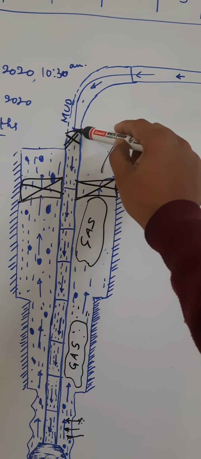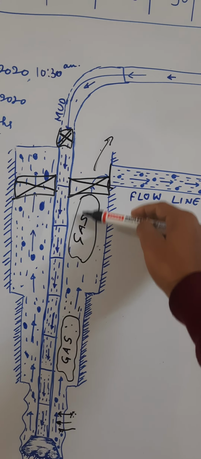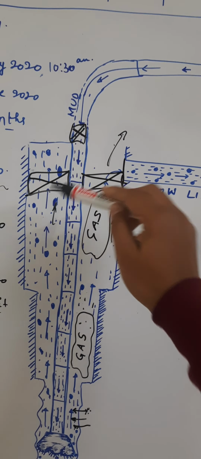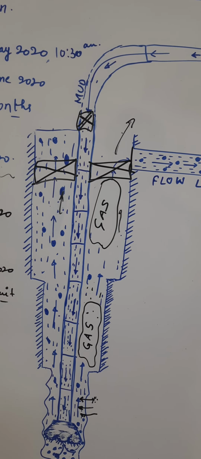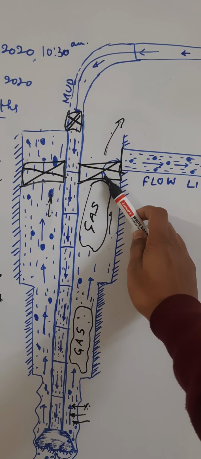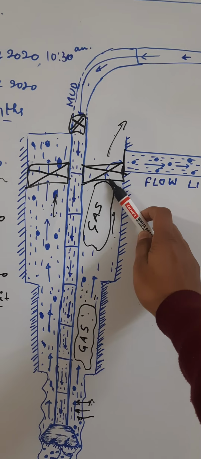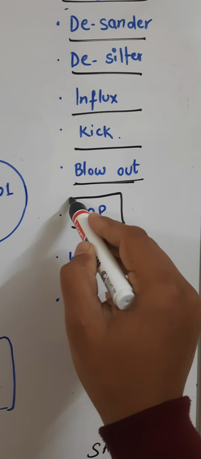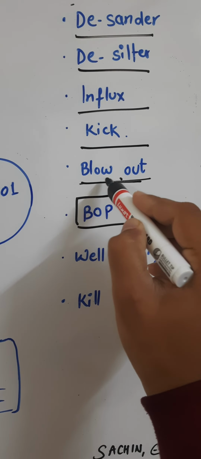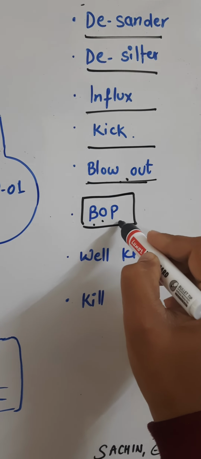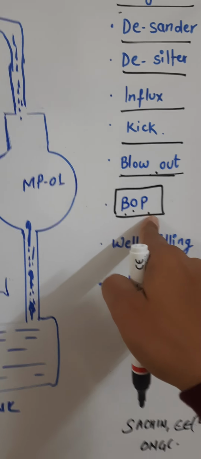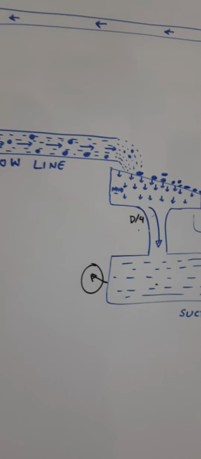Incoming path is closed. Outgoing path is closed. This closing is done by some equipment called BOP, the blowout preventer. These are the equipment to prevent the blowout.